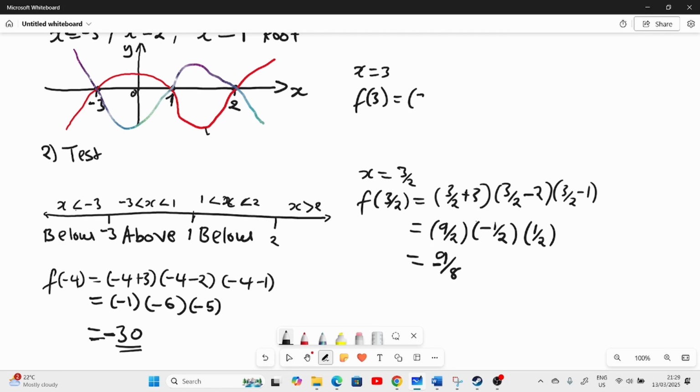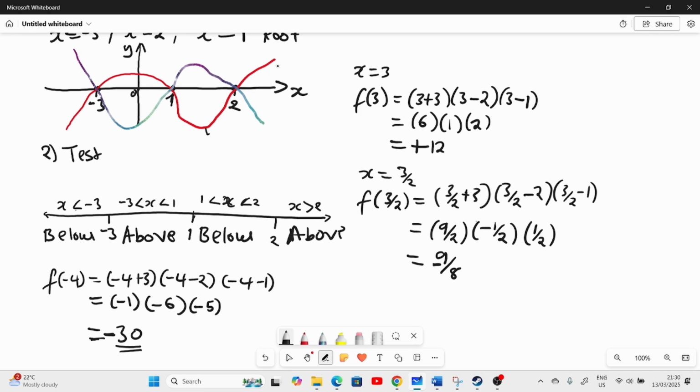You should get 3 + 3, then 3 - 2, then 3 - 1. So you get a 6, a 1, and a positive 2, and you get a positive 12. So the graph for values more than 2 is above.